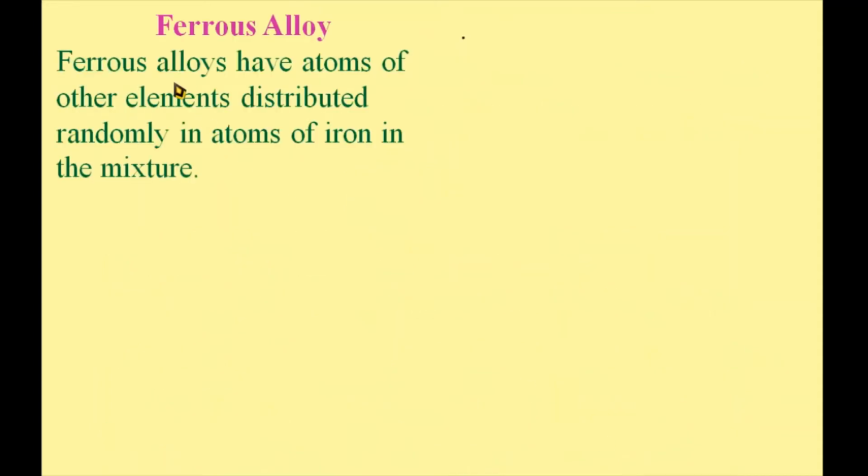Here we first discuss the ferrous alloy. Ferrous alloys have atoms of other elements distributed randomly among atoms of iron. Here iron is the main element, and in the iron the atoms of other elements are distributed randomly. Such alloys are called ferrous alloys.